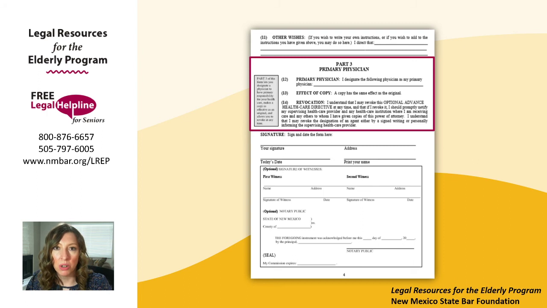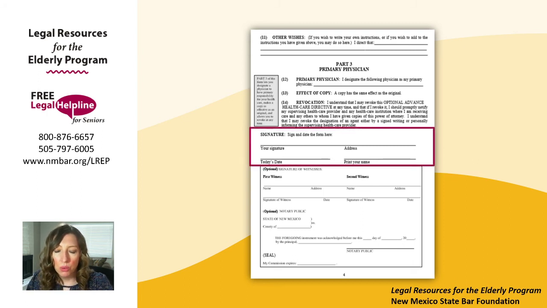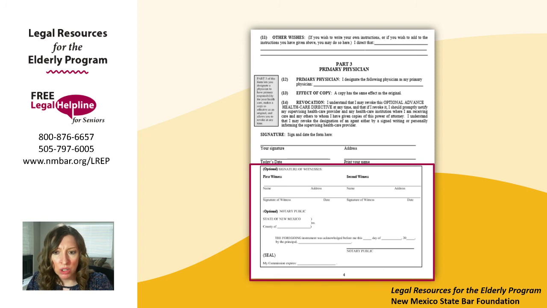This is the primary physician designation. Below that, you will find the signature box for you to sign this document. And finally, at the bottom of page 4, you'll find the optional sections for witnesses and to have it notarized. So let's take a closer look.